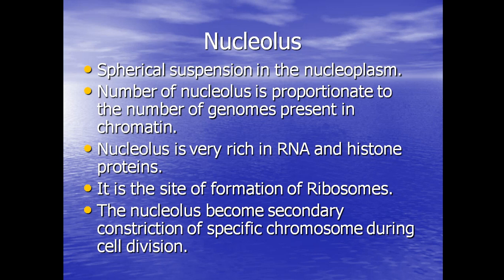This nucleolus becomes a secondary constriction on specific chromosomes during cell division. On a chromosome there will be constrictions. One permanent constriction is there, which is called the primary constriction, and that is known as the centromere.